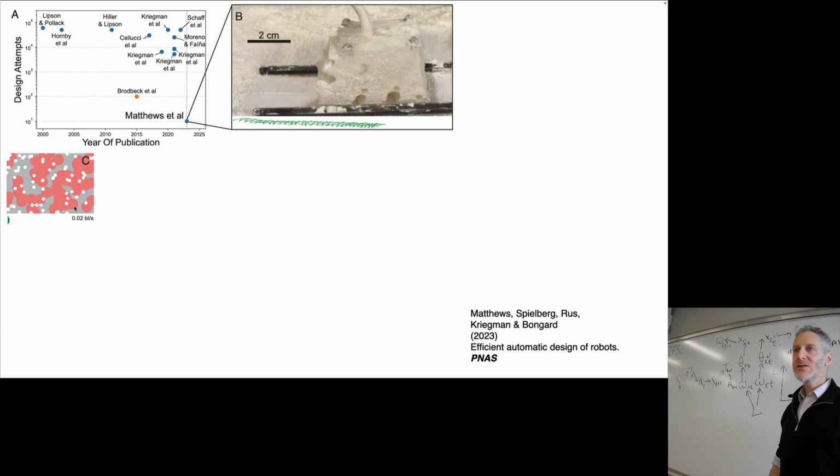The larger red circles are hollow spherical cavities inside the body of the robot. You can think of these red holes as like your lungs. They're hollow cavities inside the body of the robot.